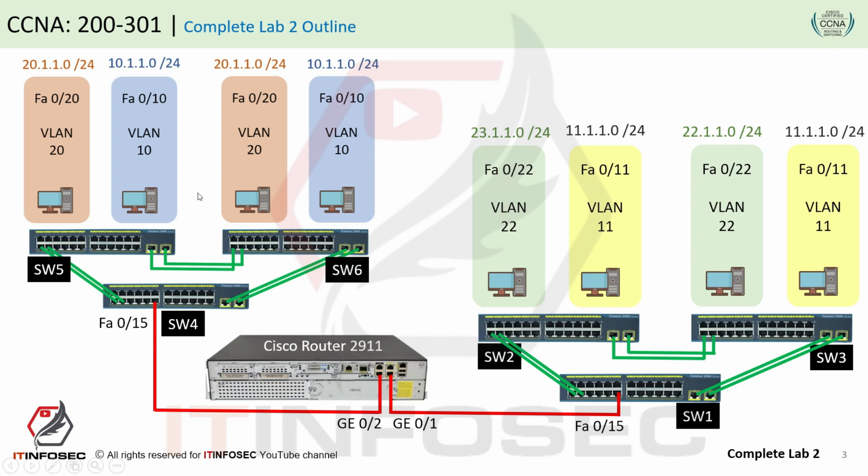Actually, there are 4 networks: the networks with ranges 11, 22, 10, and 20 will be configured to provide connectivity between these separated switches.